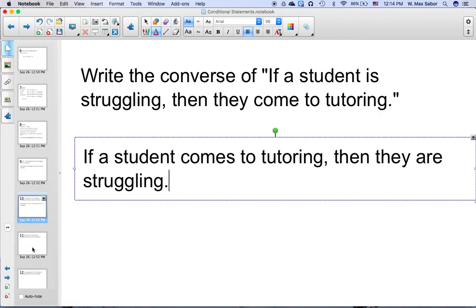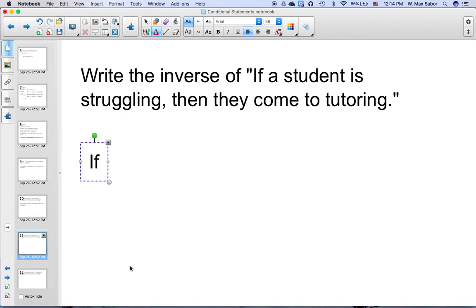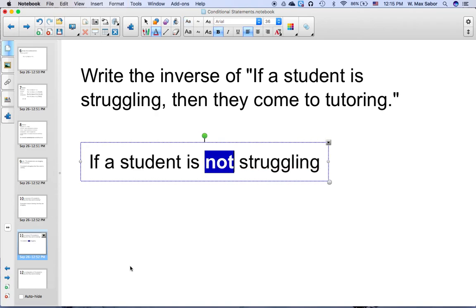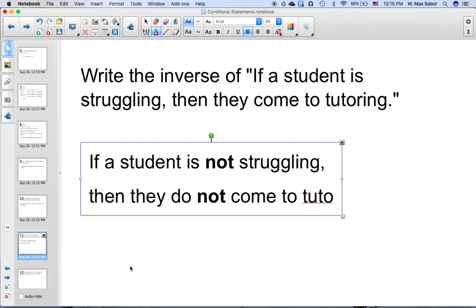It's often the case, but not always. It doesn't have to be. You're certainly welcome to come to tutoring, even if you're feeling comfortable with the idea. If a student is not struggling, that would be the inverse. I put in not. Then they do not come to tutoring. That would be the inverse.